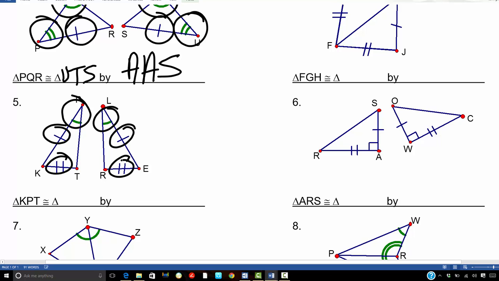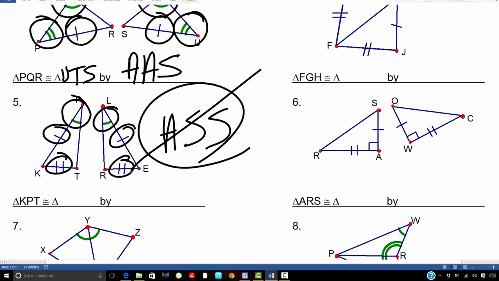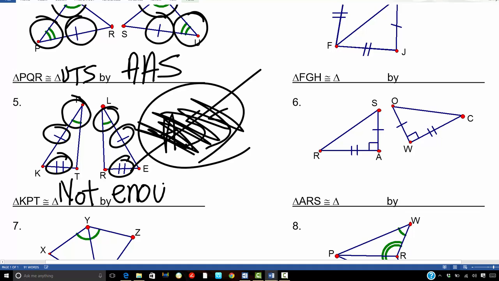And there's no such thing as angle, side, side. That does not exist. So those triangles are not congruent, or at least we don't have enough information. You can say not congruent, or you can say not enough info, either one.